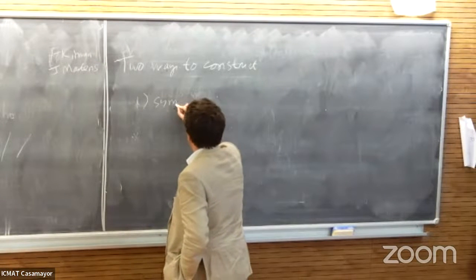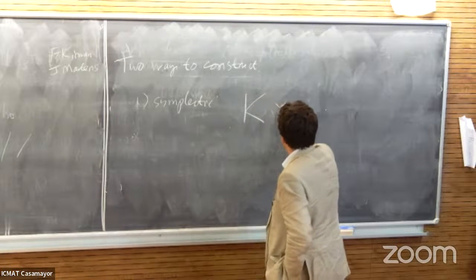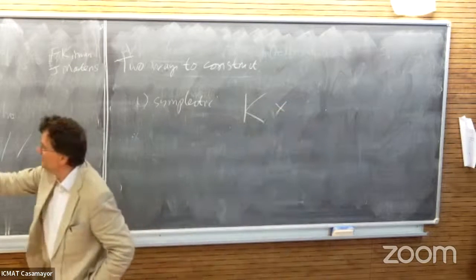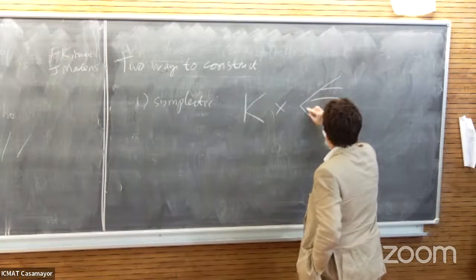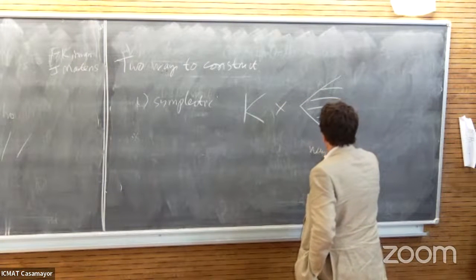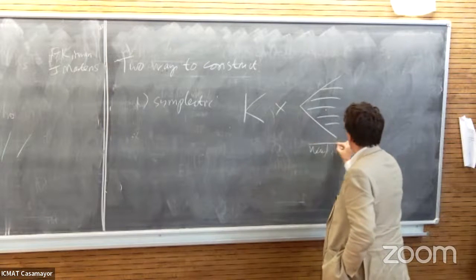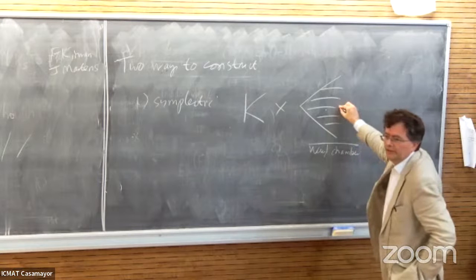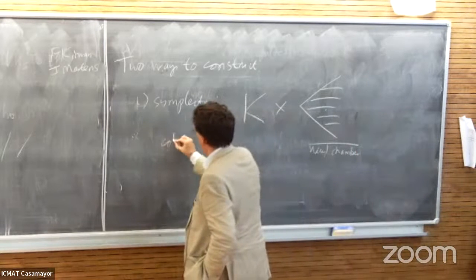So one way is symplectic. We take the subset of T star K, which is the subset of K cross the dual of the Lie algebra, which is the closed Weyl chamber. This, of course, is a manifold with boundary.